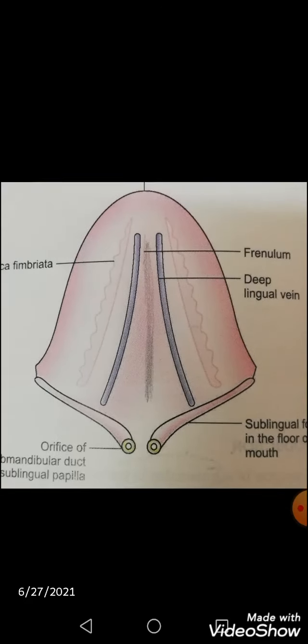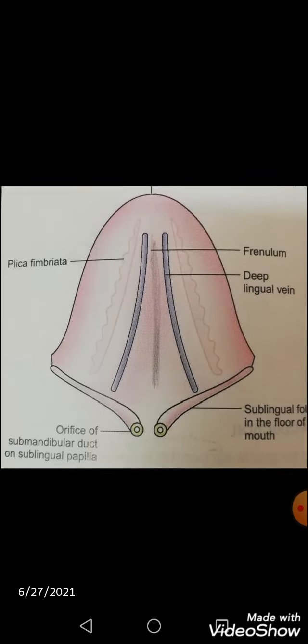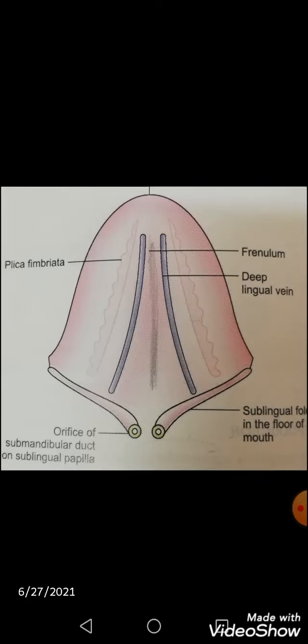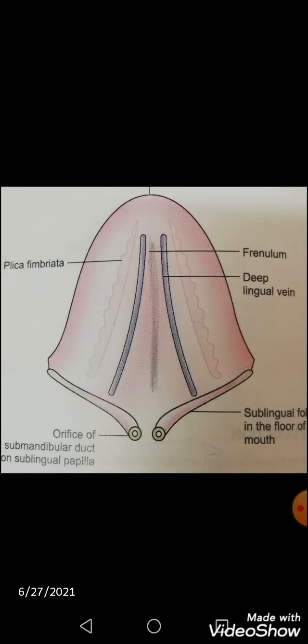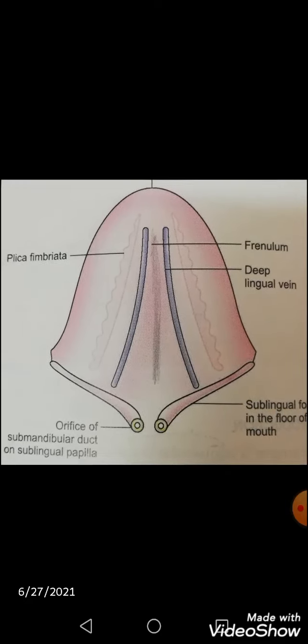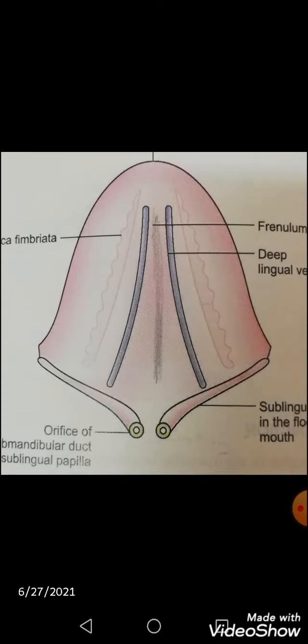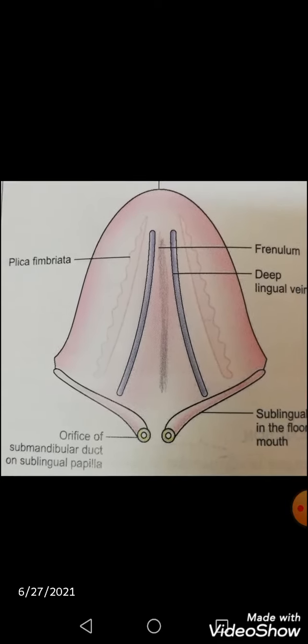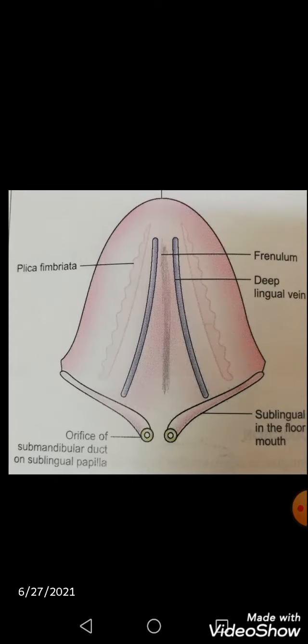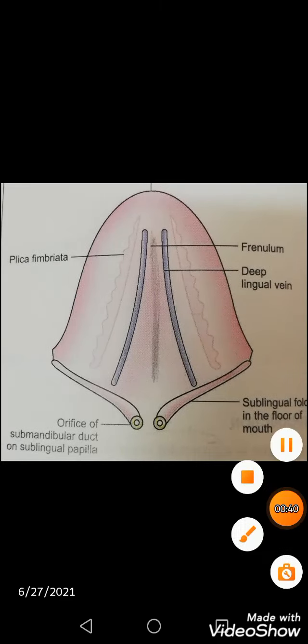And you can see the curved plica fimbriata adjacent to that deep lingual vein. Near the base of the frenulum you can see the sublingual papillae, showing the orifice for the opening of the submandibular duct that comes from the submandibular salivary gland, right?